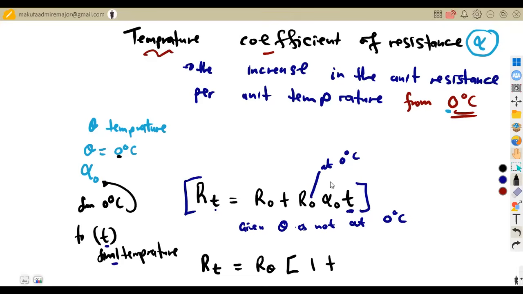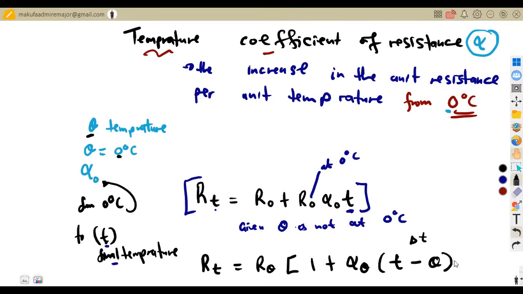Actually, this is the same formula that you're supposed to use, but it's good to obtain this now with a change in temperature. All right, so we're going to have the temperature coefficient of resistance at the given temperature, then into the change in temperature. So the change in temperature is given as the final temperature minus theta, which is our initial temperature in that case.